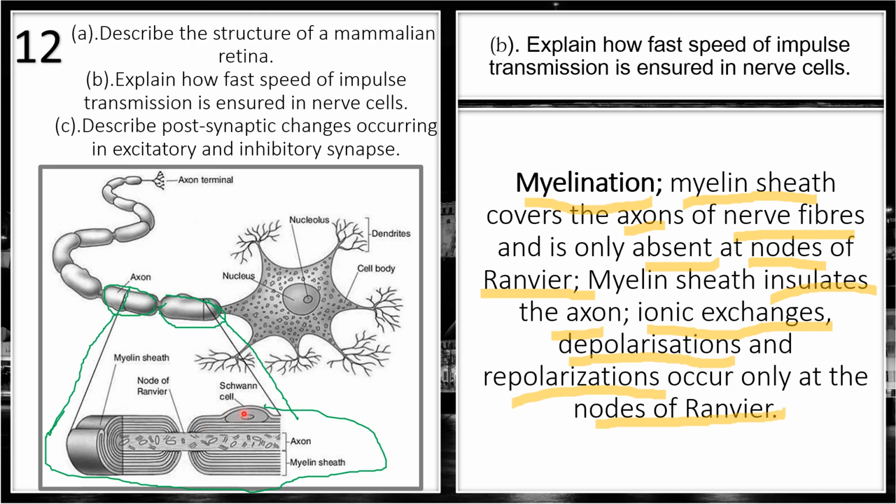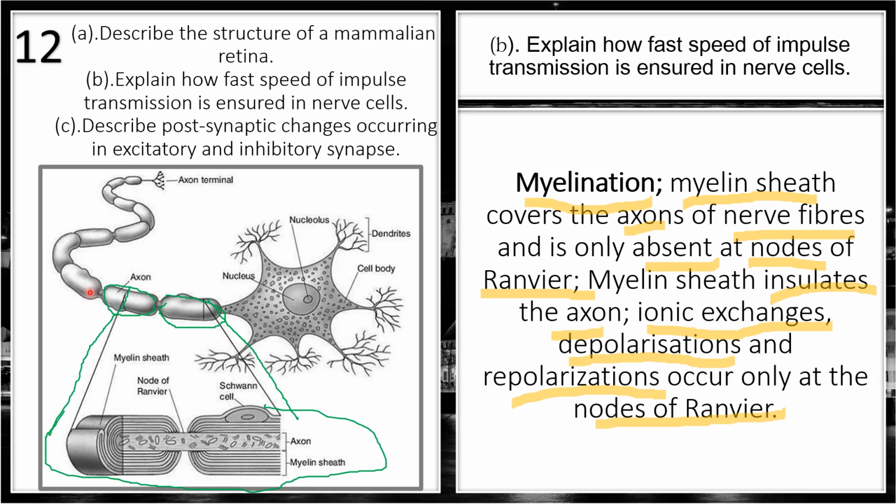So this myelin sheath that we are seeing insulates the axon. It covers the axon, and it also allows ionic exchange, sodium and potassium, in between the nodes of Ranvier. Depolarization and repolarization all occur at the nodes of Ranvier. So it does a very good job by helping depolarization take place very fast.